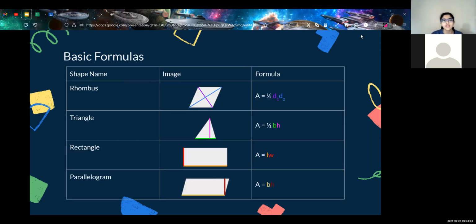For the first one, you can see that that is a rhombus. And the area of a rhombus is half of the diagonals multiplied together. This is because in a rhombus, which is a parallelogram, when the diagonals meet, they form 4 right angles.